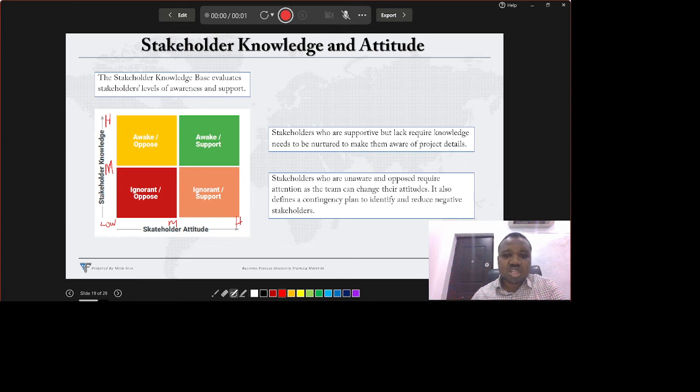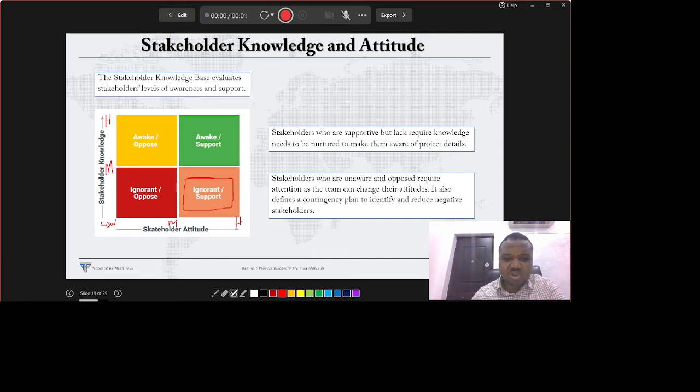So stakeholders who are supportive but lack required knowledge. They are interested in your project, but they lack the requisite knowledge. They are very supportive.